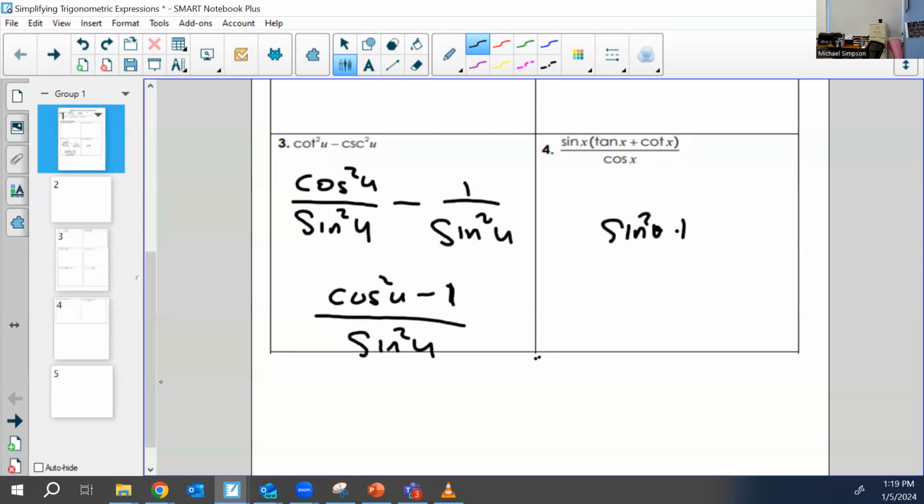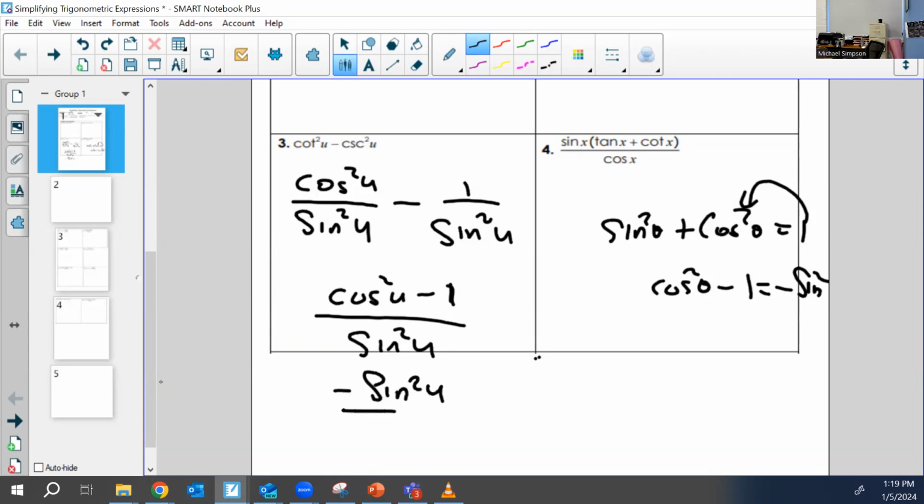Sine square theta plus cosine square theta is equal to 1. So it's a -1. Therefore, the 1 is on this side of the equal sign. It becomes a -1, right? So I'm going to have cosine square theta minus 1. Therefore, the sine square becomes negative sine square. So I can replace this now as negative sine square u over sine square u. And what's that equal to?